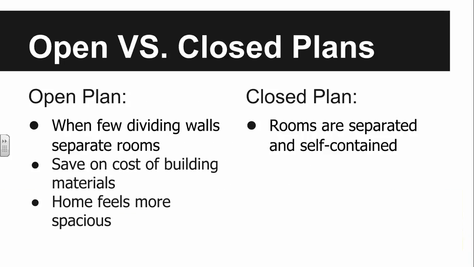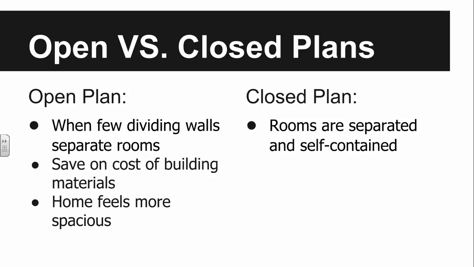When we start talking more about plans, there are 2 different types of plans. You're probably familiar with some of them if you watch HGTV. We call them either the open concept or the closed concept. An open concept plan is where there are no walls dividing the rooms. When you walk into the front door, it's just open space.